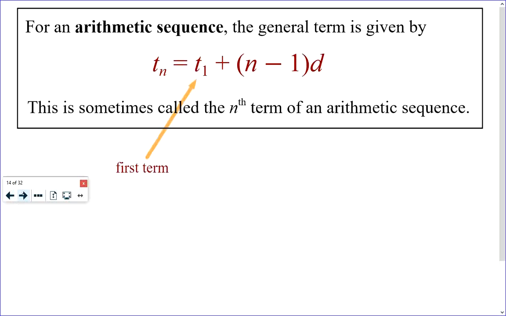So in this formula, T1 is the first term, and d is the common difference.